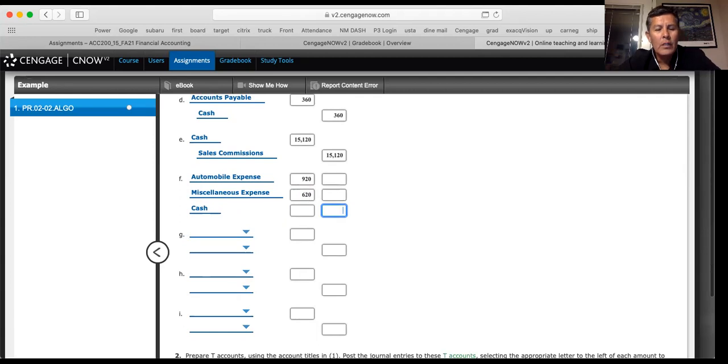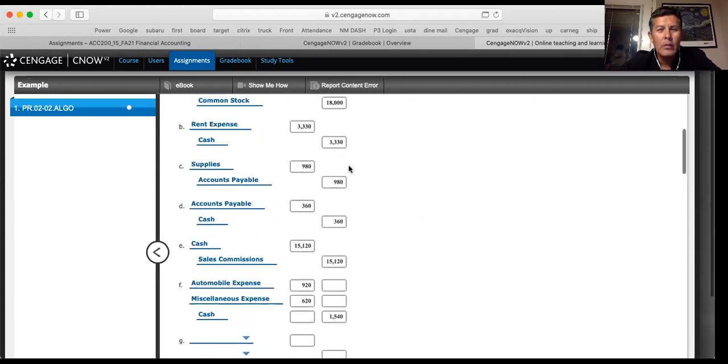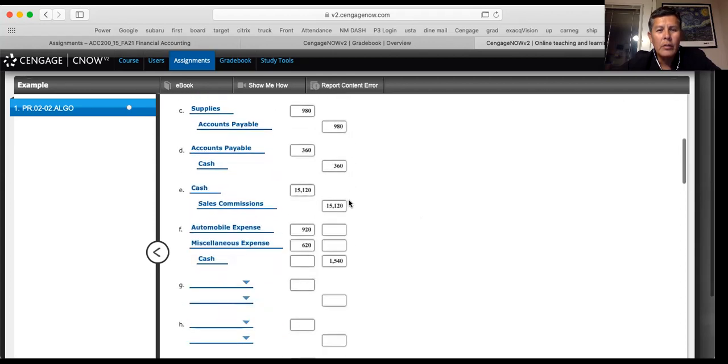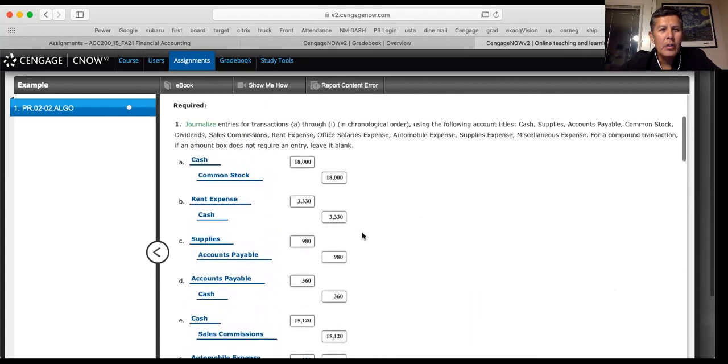So 1540. Okay, so all I did was add those up. Remember, double entry accounting says that whatever is on the left has to equal the right. So if you think about this, these are all equal there. This is double entry accounting.